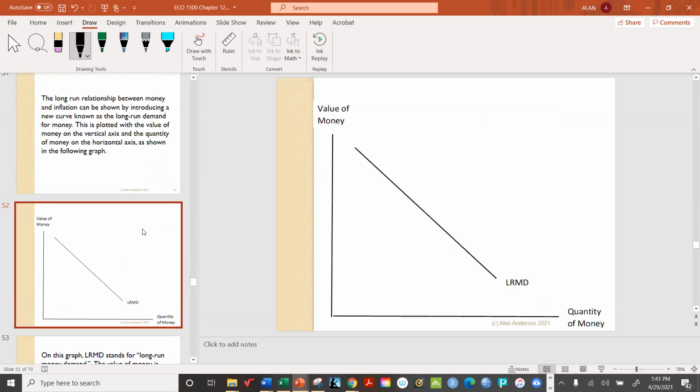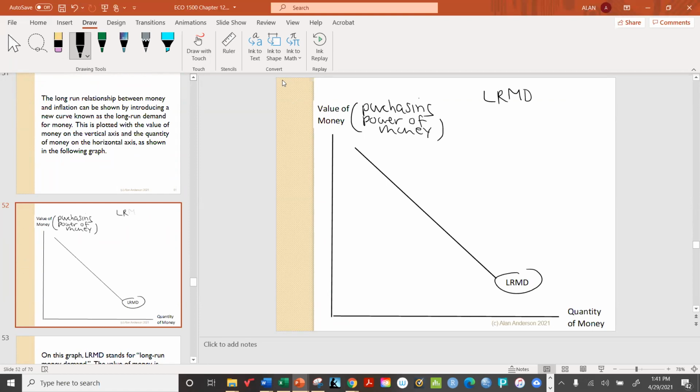Okay, so you have the value of money on the vertical axis, and down here we still have the quantity of money, but now you see how it's LR? LRMD stands for long run money demand.